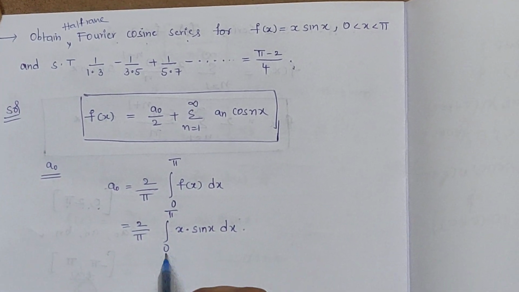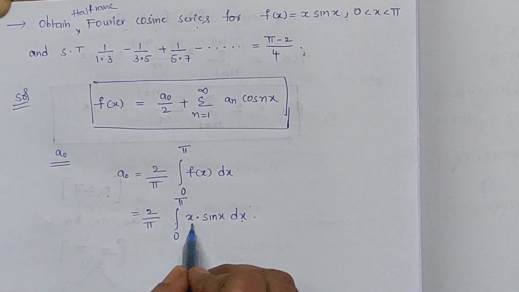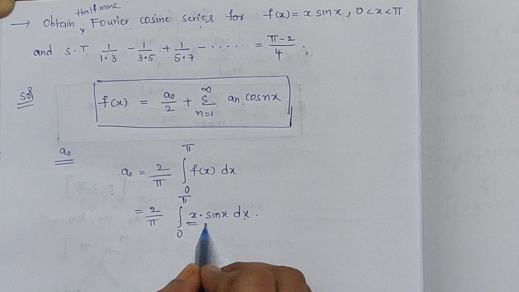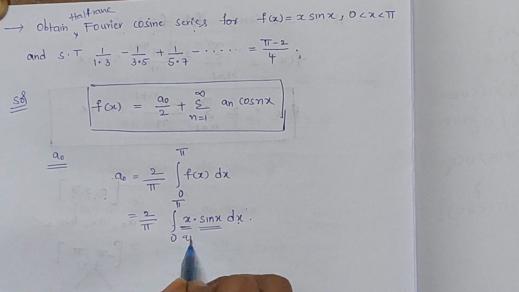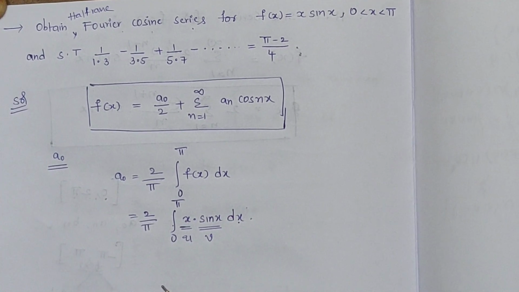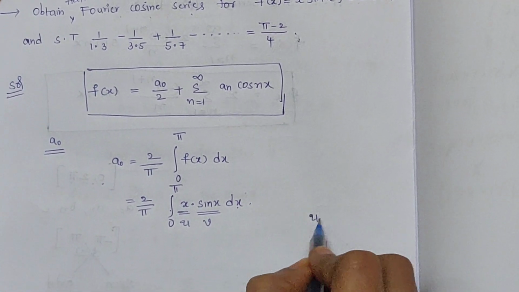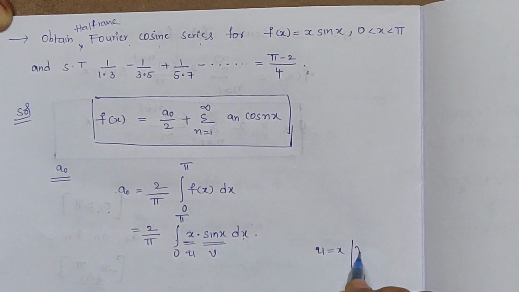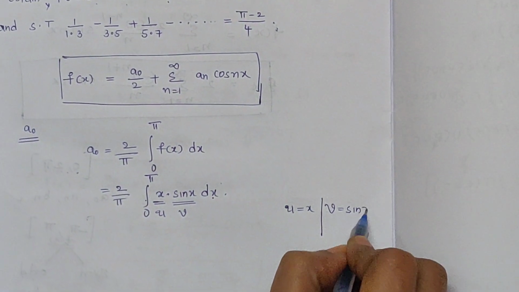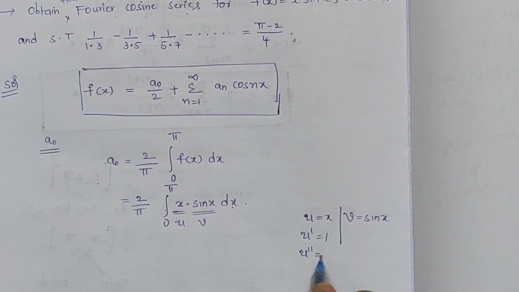Now we have to do the integral evaluation. Under the integral, x is algebraic and sin x is trigonometric. Clearly algebraic into trigonometric, so we go for the generalized rule of integration by parts, taking the algebraic as u and the trigonometric function as v. For u, the derivative u double dash is 0.